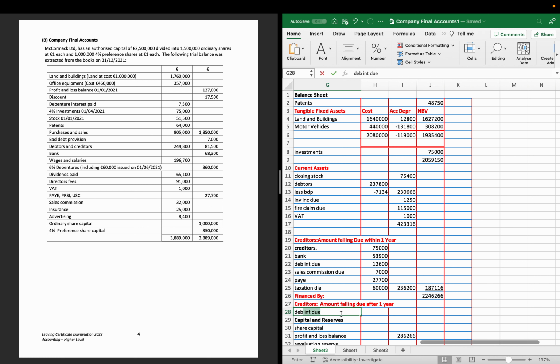So your debentures then, 6% debentures 360. My share capital I should have authorised and issued. An authorised of 1.5 million up at the top and 1 million.